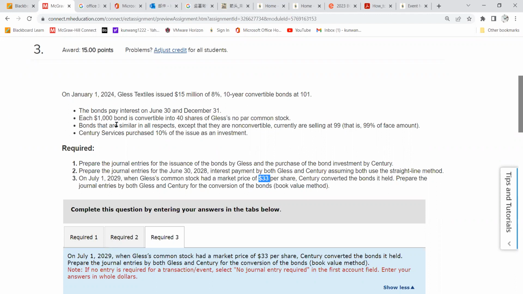Then 1.5 million divided by 1,000, times 40, will be the total shares, increasing the number of outstanding shares.